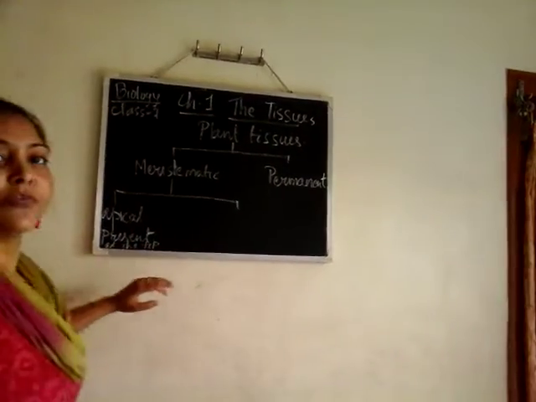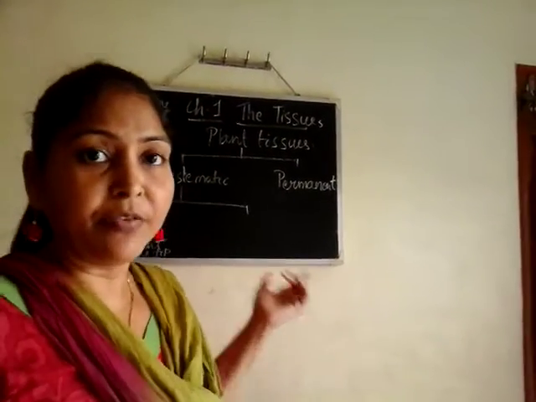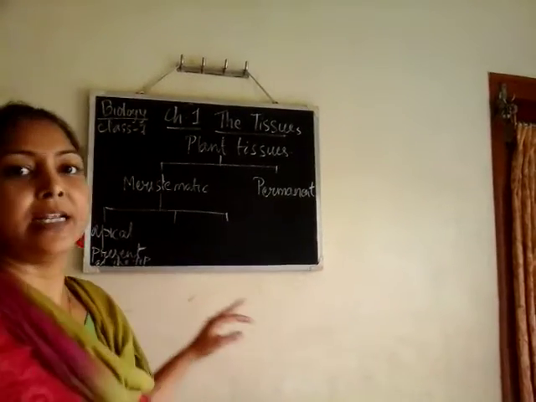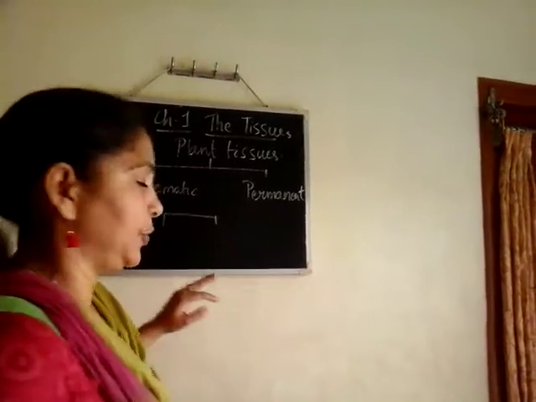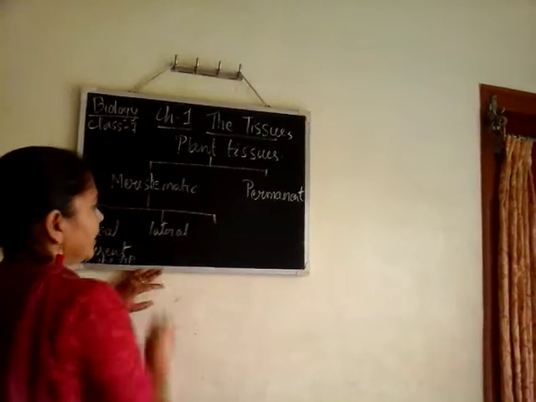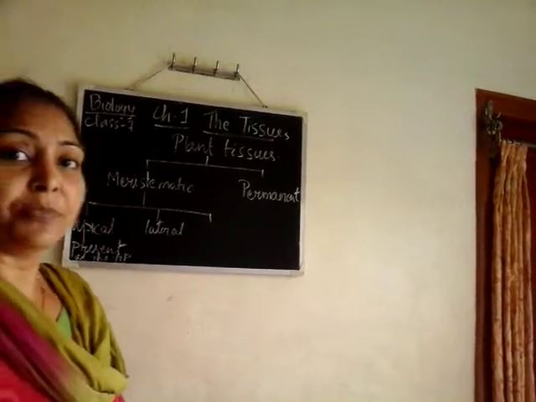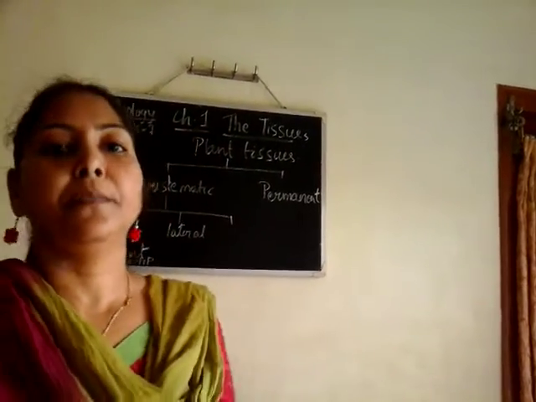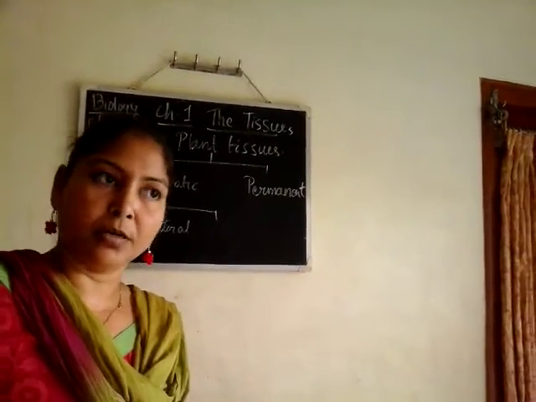Then we move to the next type of meristematic tissue. It is lateral meristematic tissue. Now lateral meristematic tissues will be present at the side of the parts of the plant.